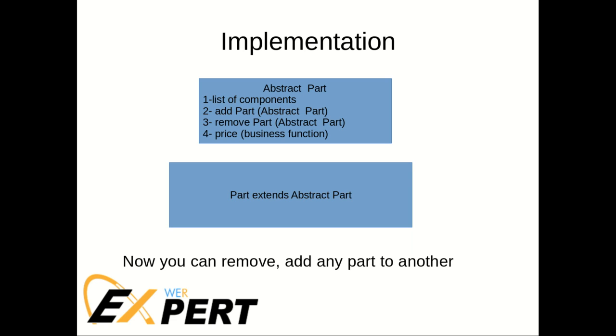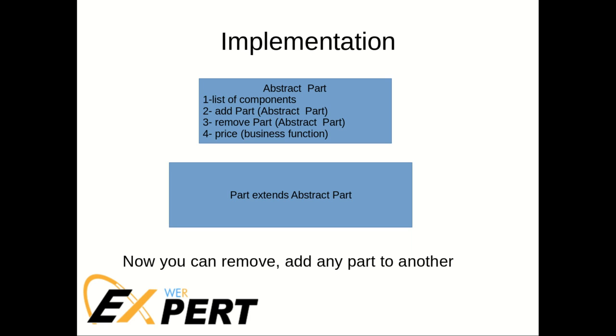We see that in each composite object we have to implement add and remove. So we have to find another solution so we don't repeat add and remove, to avoid repeating ourselves, one of our coding principles.